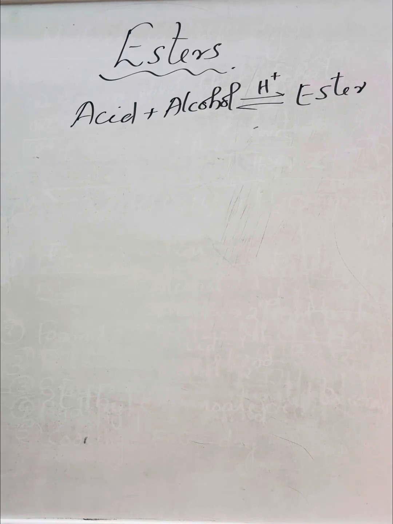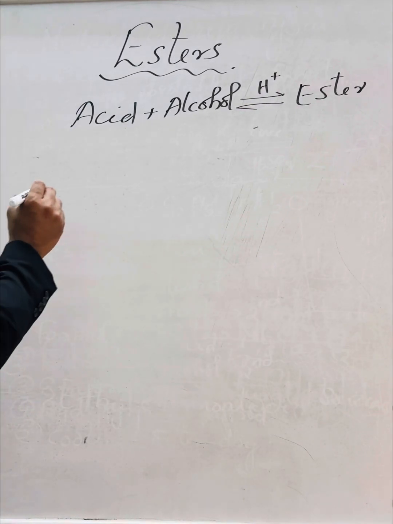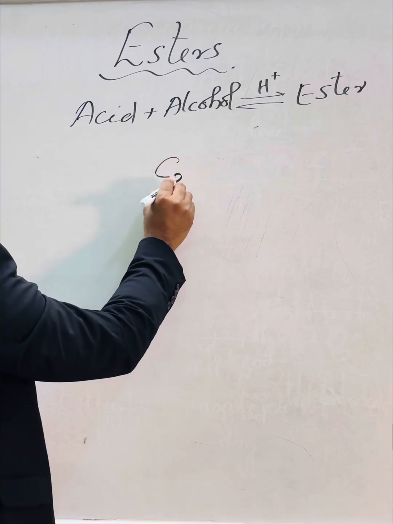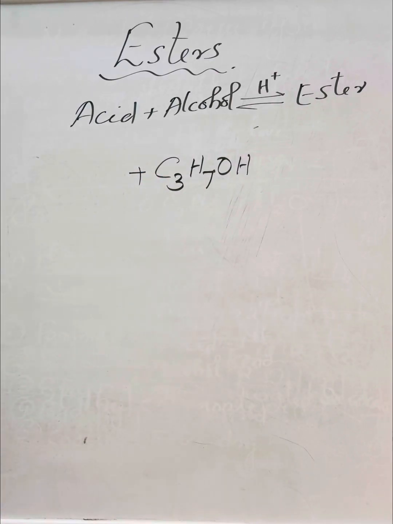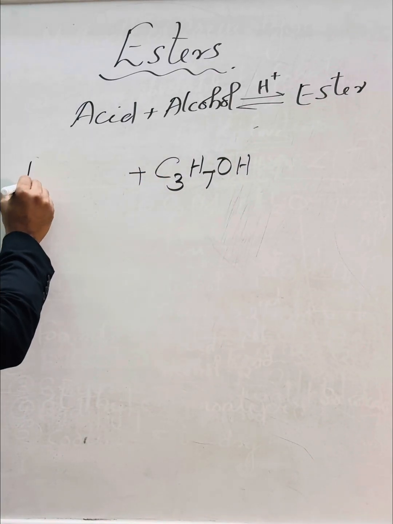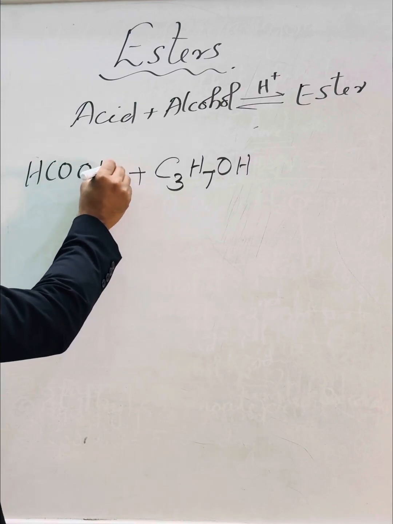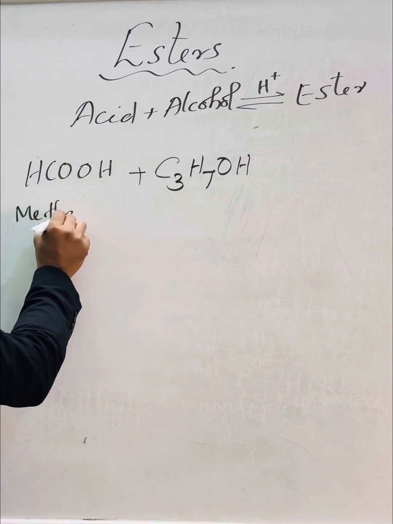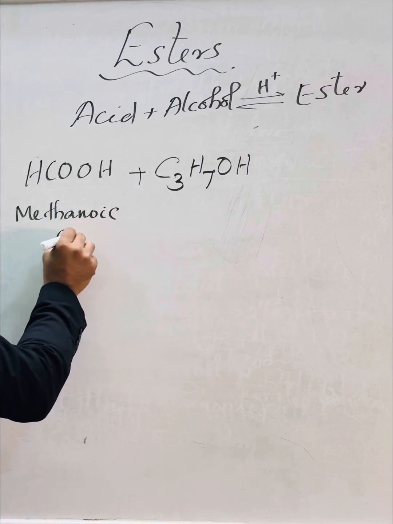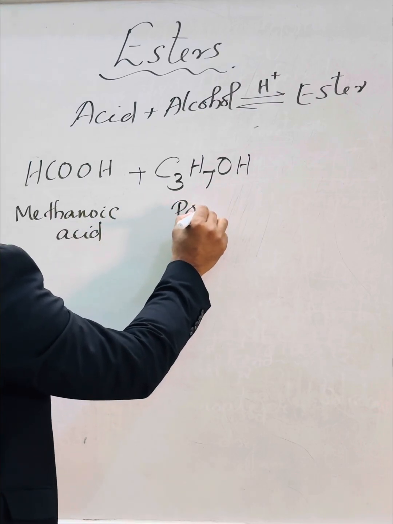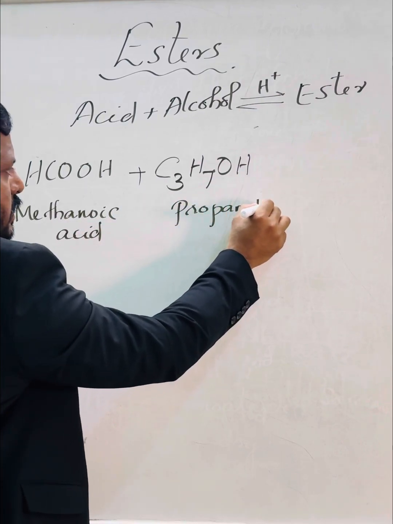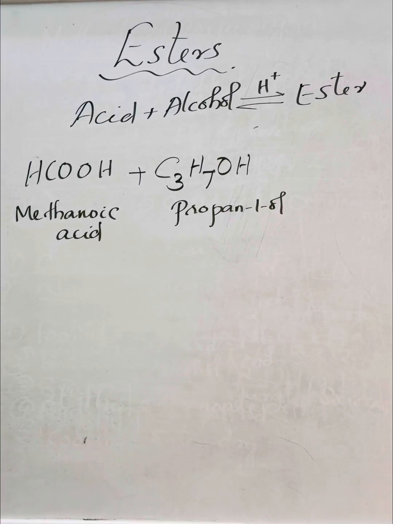You are using the alcohol propanol. How many carbon atoms are in propanol? 3 carbon atoms. It reacts with methanoic acid. This is propanol; here I use propan-1-ol.